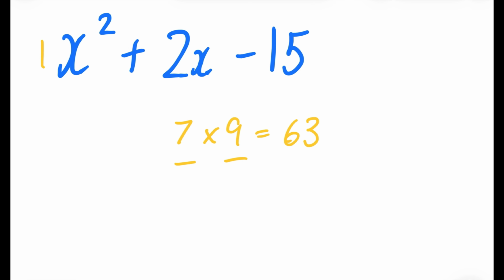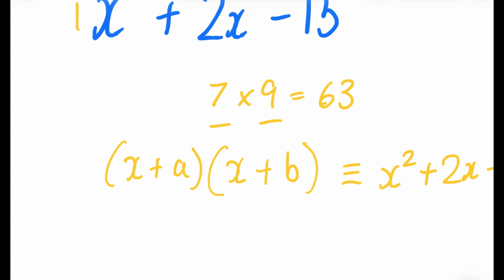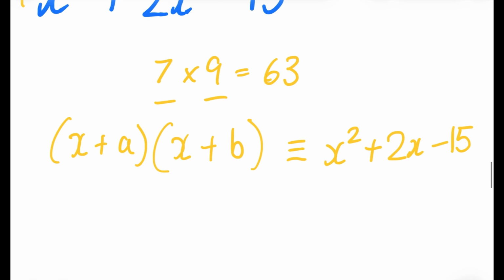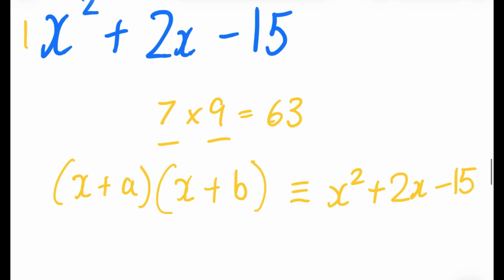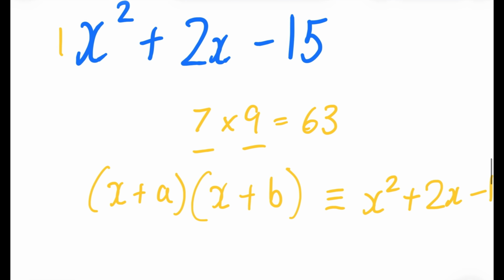It's a similar principle, but here we're going to have x's and natural numbers in our brackets, and we're going to be multiplying two of them together. So effectively we're saying x plus a times x plus b is going to be equal to x squared plus 2x minus 15, okay?